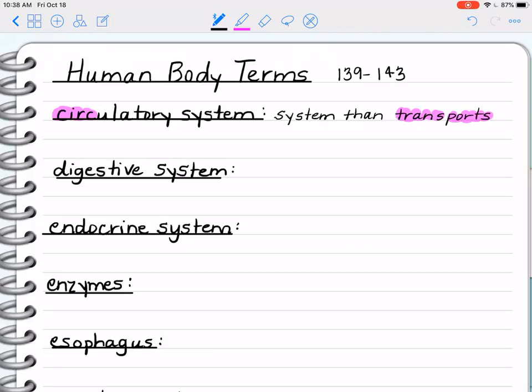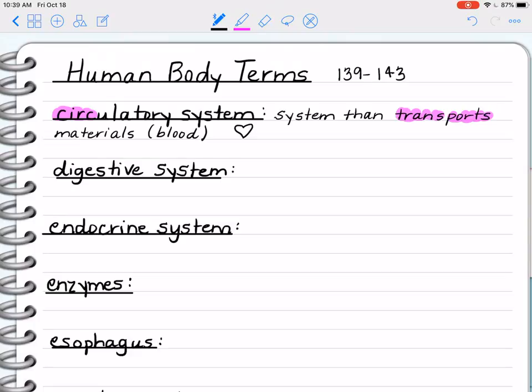So to move across materials. And by materials, I want you to think of blood. Blood has a lot of stuff in it. So if we think of just blood, we're going to cover everything. So the circulatory system is your heart and your blood vessels that transports that blood to your whole body.